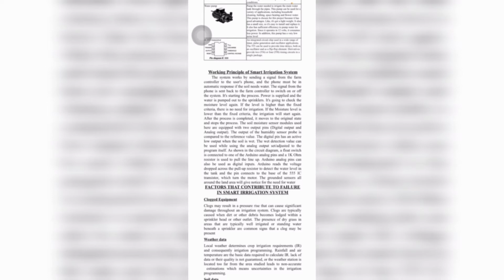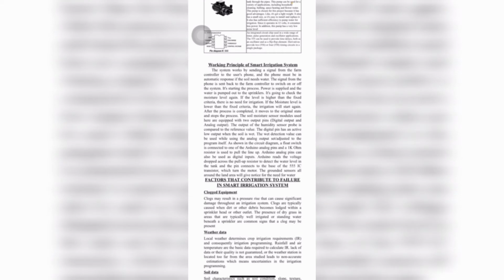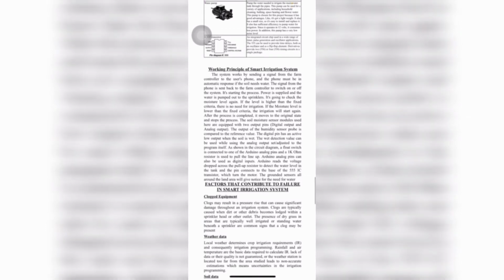The working principle of the smart irrigation system. The system works by sending a signal from the farm controller to the user's phone, and the phone must be in automatic response if the soil needs water. The signal from the phone is sent back to the farm controller to switch the system on or off. It will start the process. The power is supplied and water is pumped out to the sprinklers.